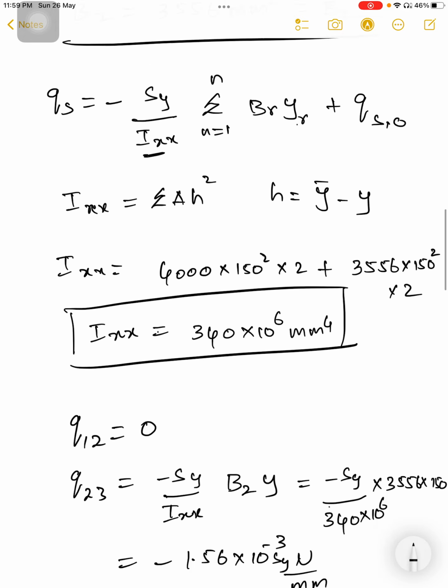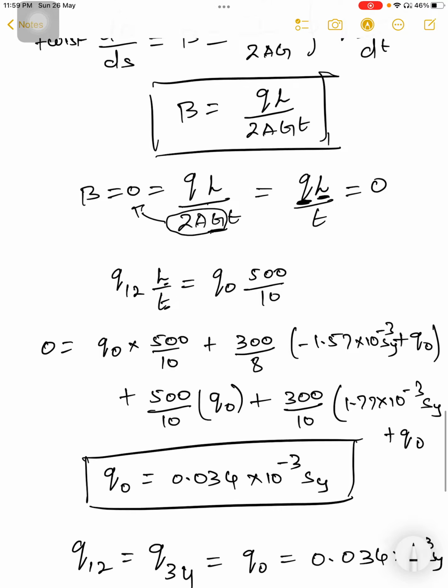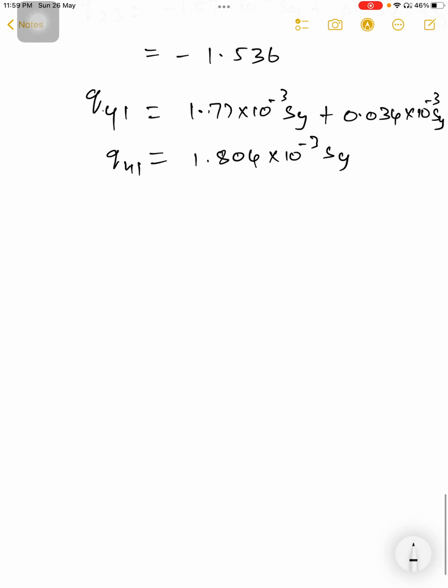For shear center, the force is acting on the shear center. So I will take the moment on the left web.